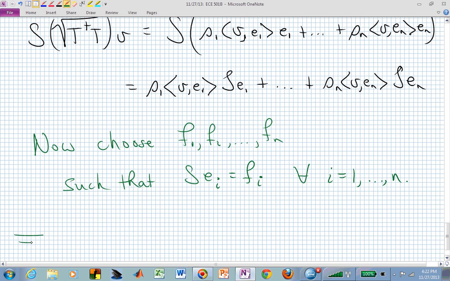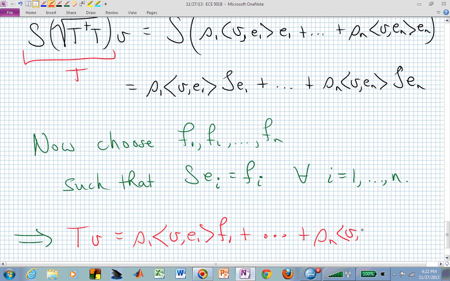That now allows us to write down this piece right here is just T. So now we have T v is equal to s1 <v, e1> f1 and so on down to sn <v, en> fn.